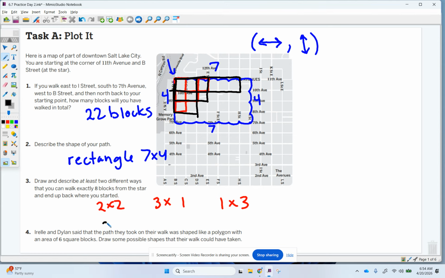I'm going to look at a 2 by 3, a 3 by 2, a 6 by 1, or a 1 by 6. I could also do a 1 by 6. All of those would give me an area of 6.